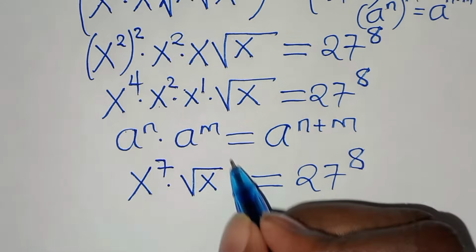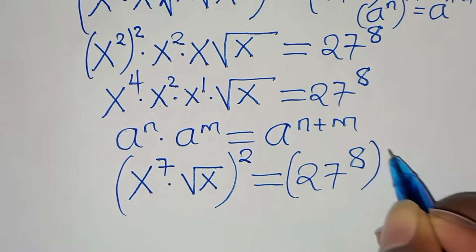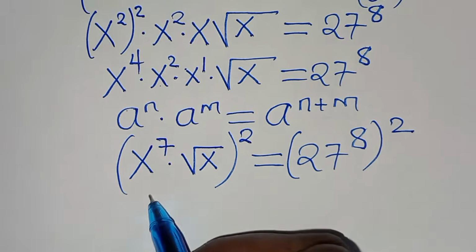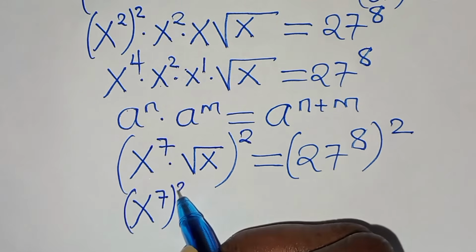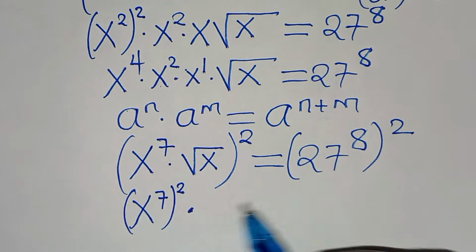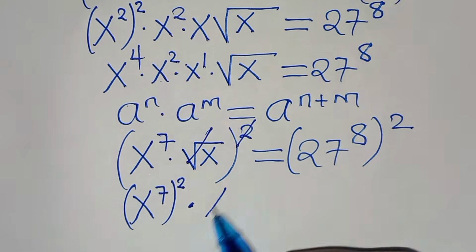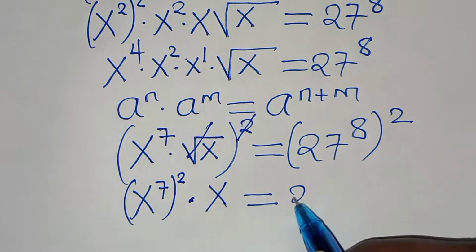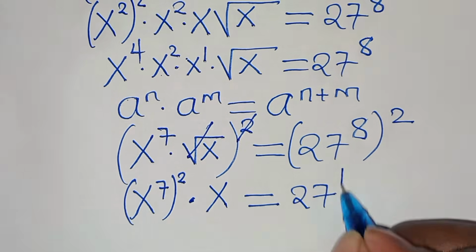The next step is to square again both sides so that now here we have x to the power of 7. Now we raise this to the power of 2, then multiplying by, we eliminate the fourth square root sign here, so multiplying by x, this is equal to 27 raised to the power of 8 times 2, this is equal to 16.